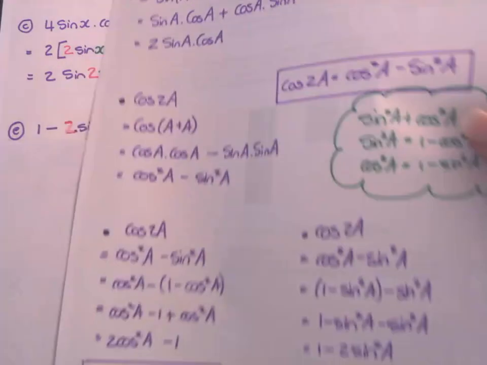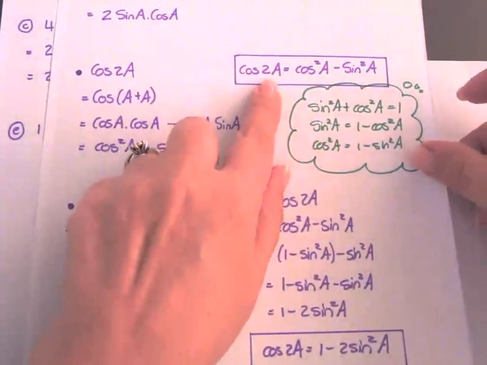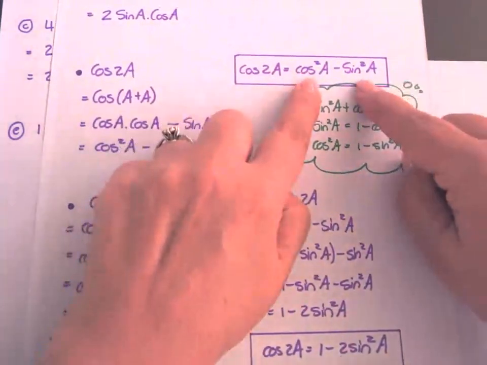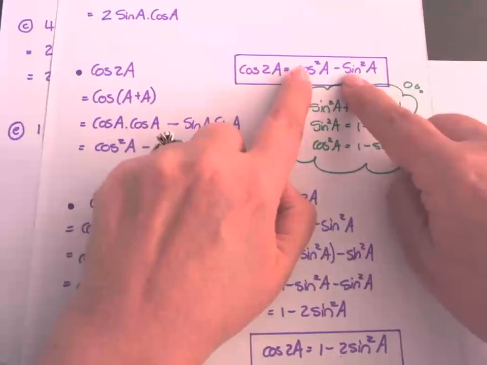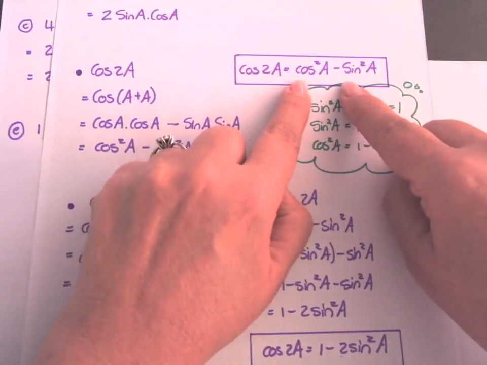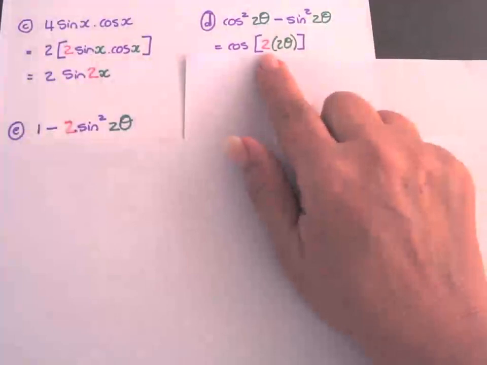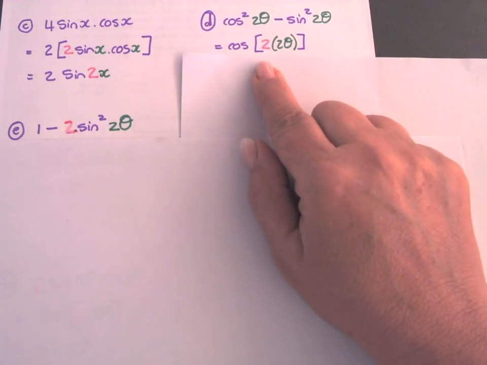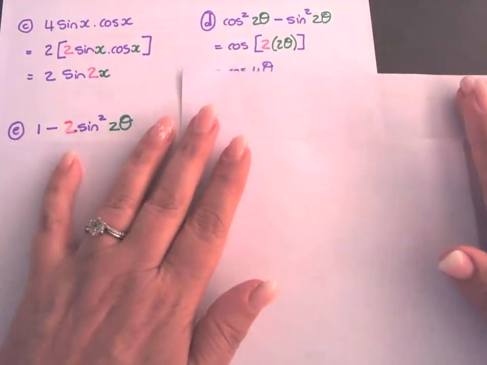Because cos 2a is cos squared minus sine squared. The 2 is omitted. Oh, okay. But you have to put it in if you go backwards. You must know all of that. That's why you must remember the 2.